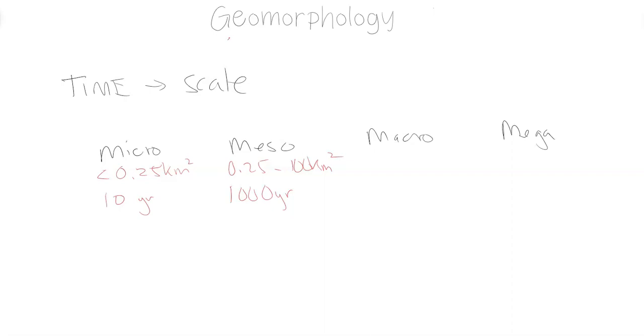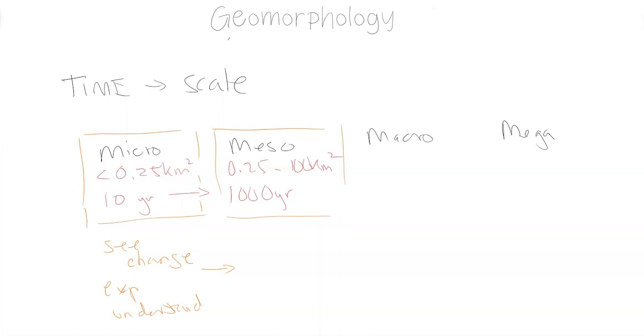This is kind of the easiest one to really quantify, the easiest one to see change, to experiment with and to understand. Then to translate that understanding to a much larger scale, much larger area, can be tougher. We've got to use a lot of geologic principles to induce or estimate what's going to happen.